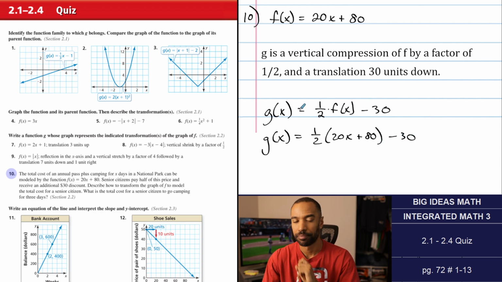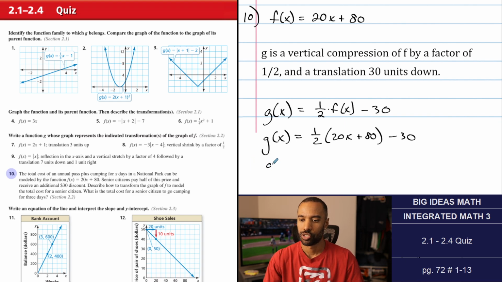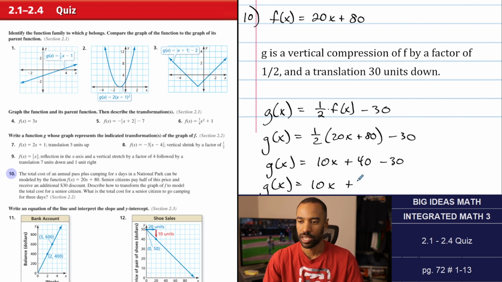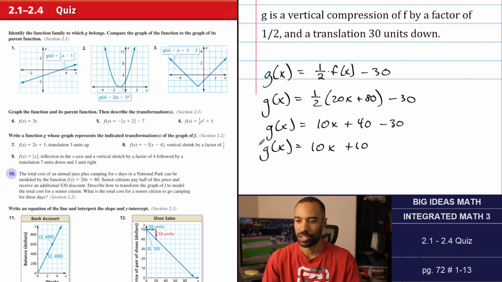Not just half of 20, but also half of 80. So 1/2 times 20 is 10, and 1/2 times 80 is 40, which will be 10x plus 10. So this is the function for senior citizens. What a discount. What a discount.